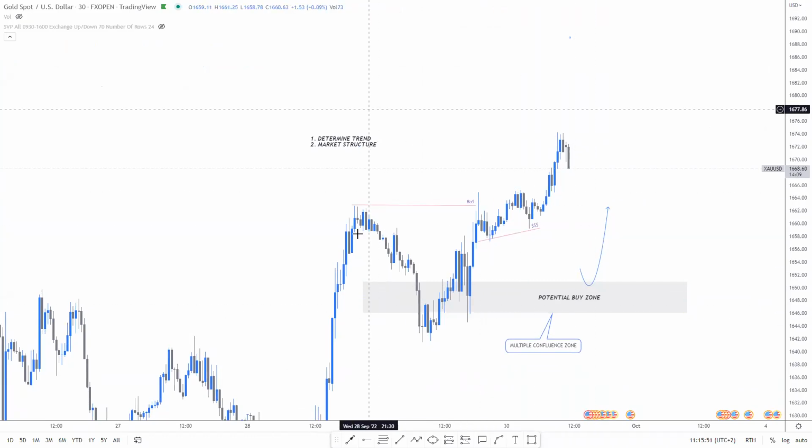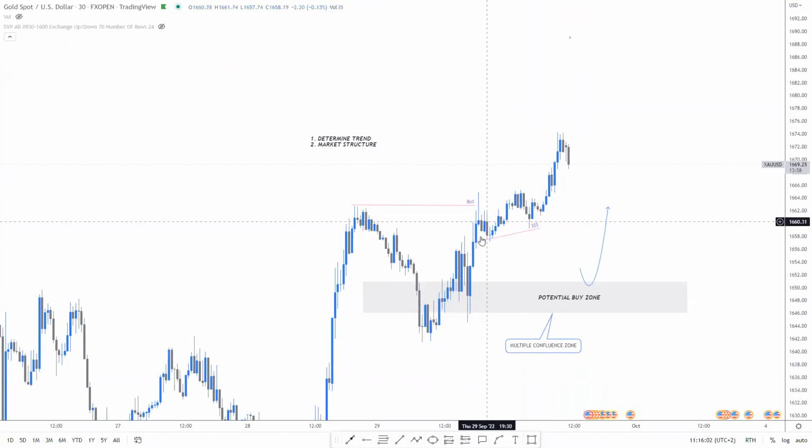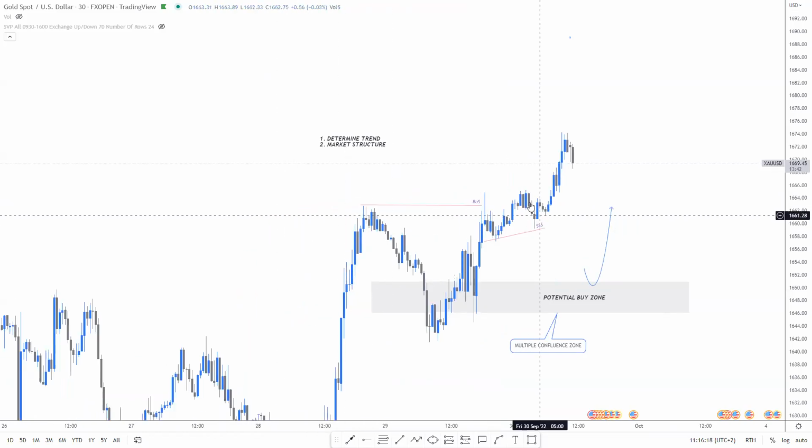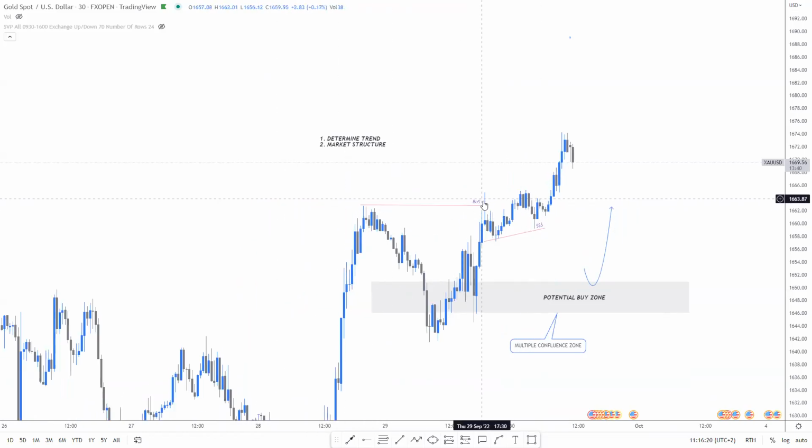So as we see the market structure, price yesterday during New York left this high right here. This was yesterday's New York high. Then it left, sorry, what time frame am I on? Okay, there we go. This was the Asian high price left, which was above the last major high. And here is the high I was looking at, sorry, I got confused.